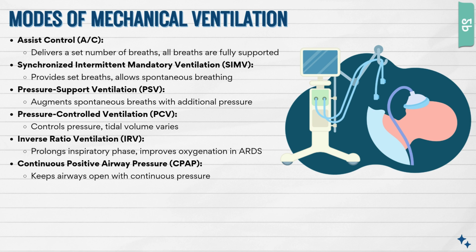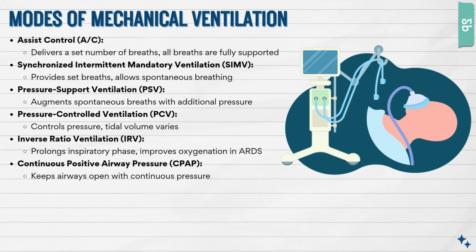Okay, moving on. Inverse ratio ventilation, IRV. This one's less commonly used, but it is primarily used in ARDS, acute respiratory distress syndrome, to improve oxygenation. What it does is it prolongs the inspiratory phase, so it makes the inspiratory a little bit longer, which can help recruit more alveoli to open up and do gas exchange.